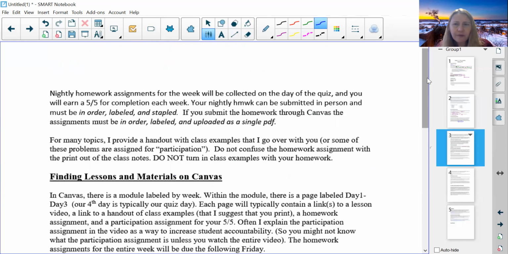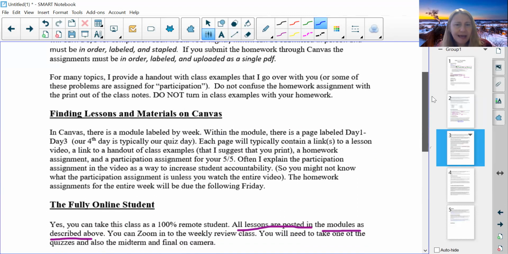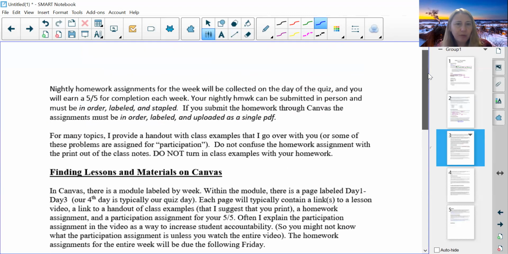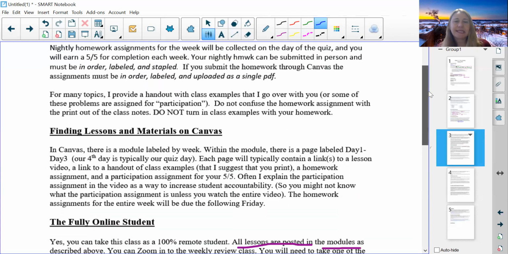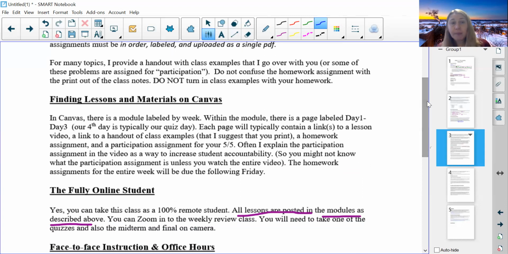Now, a lot of what is left on the syllabus, I'm going to talk about in a separate video. I'm going to make a separate video on coming to class, how to know when to come to class and what we're going to do in class. And then I'm going to make a separate video on finding lessons and materials on Canvas. I'm putting those in separate videos because if you don't catch everything I said here, since I throw a lot of information at you when I initially go over the syllabus, it can be information overload.